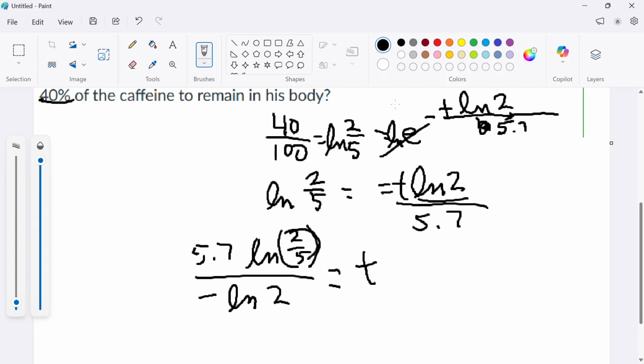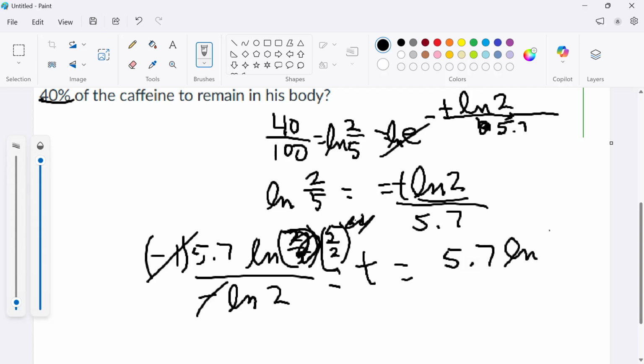Well, if I flip this fraction, it's really raised to the -1 power. So 2/5 is 5/2 to the -1 power, and then I can put the -1 out in front. The exponent can go out in front, and the negatives cancel, and that's 5.7 natural log of 5/2 divided by natural log of 2.